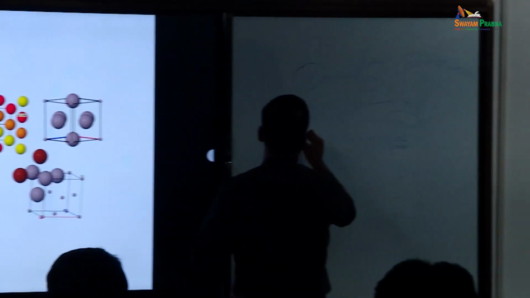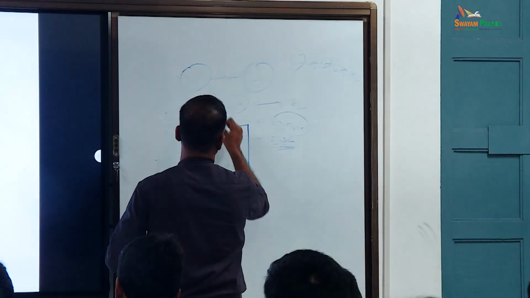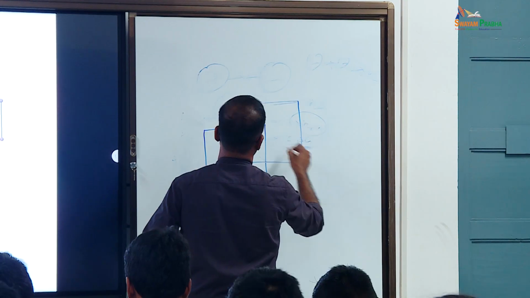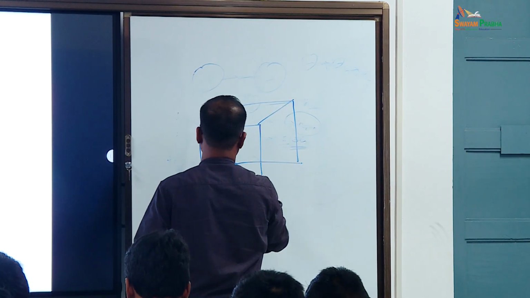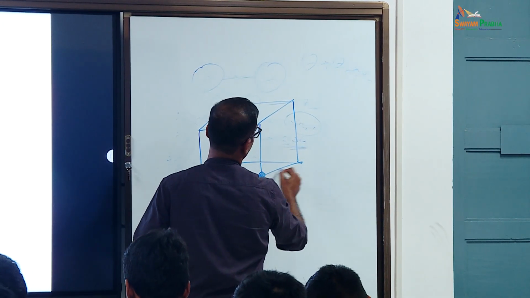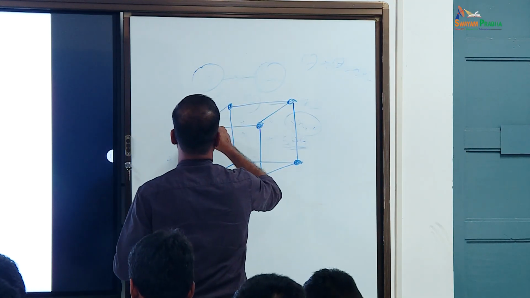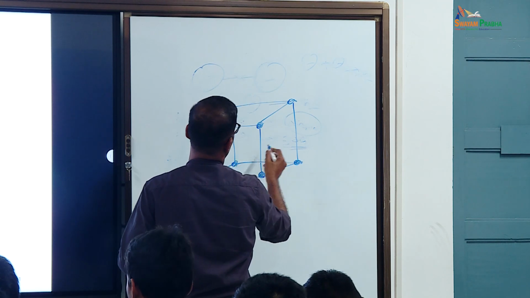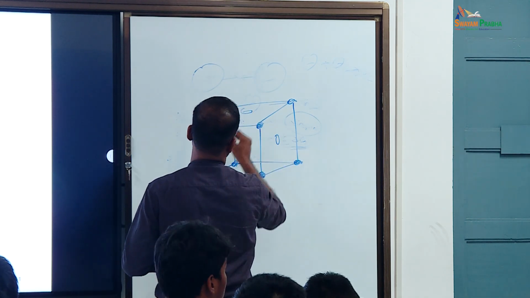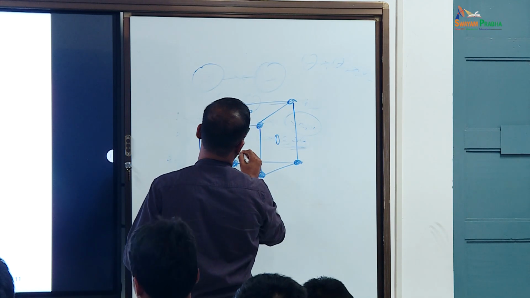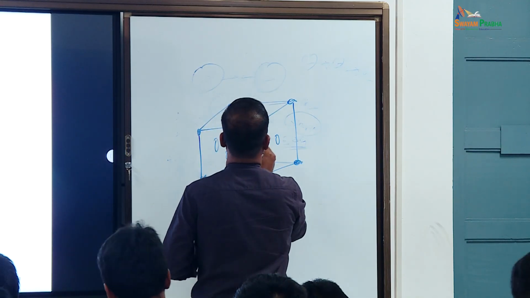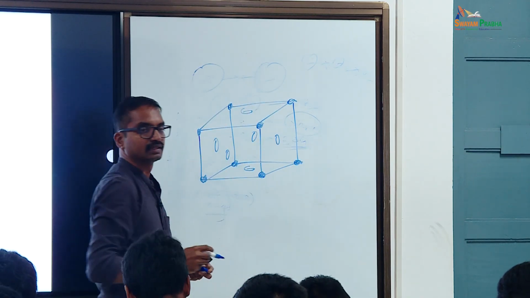How many faces are there? 6. So this atom is at the center, and this I am going to call a unit cell. That means the unit cell will repeat in space. It will continuously go on like that. So if that is the case, this particular atom is at the interface of 2 unit cells.